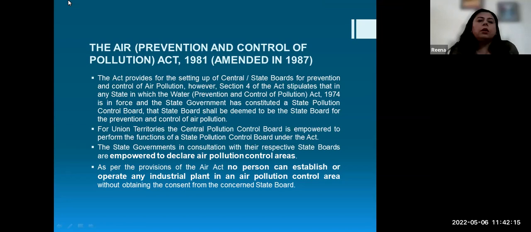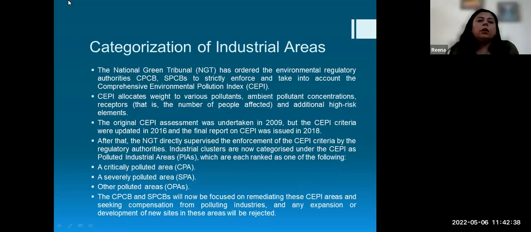Power was given under the Air Pollution Control Act. There is basically a categorization of industrial areas recently, which has ordered the environment regulatory authorities to enforce and take into account the Comprehensive Environmental Pollution Index, which was not there at those times. So the CEPI was allocated weightage for various pollutants.